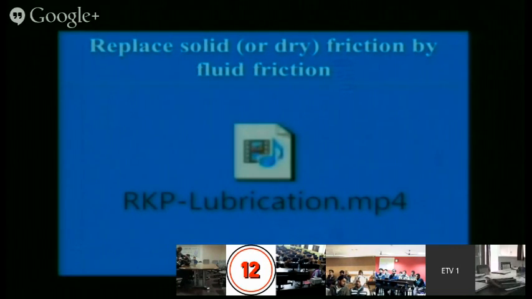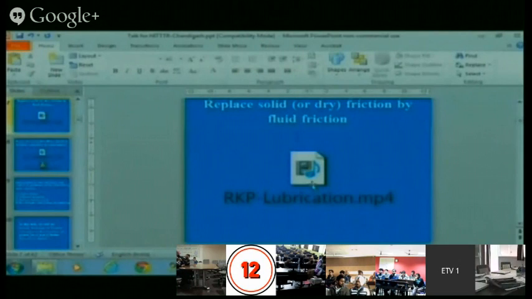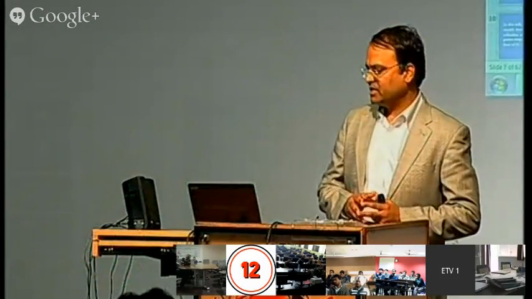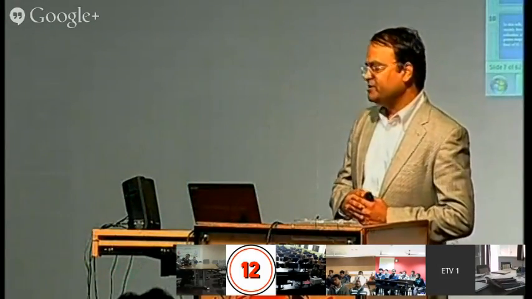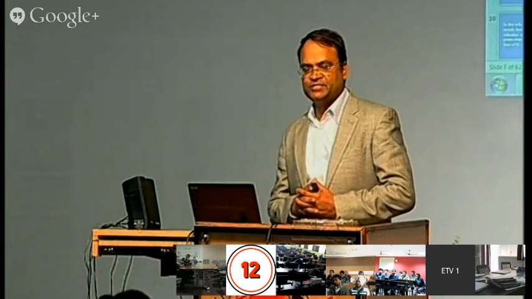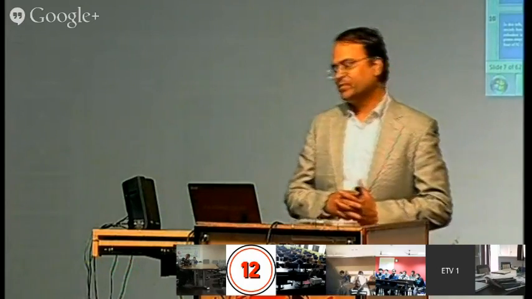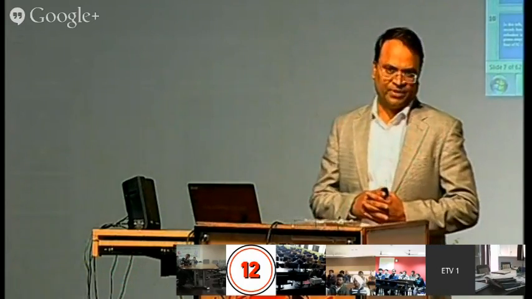So let us play one video in order to understand the phenomena at the interface. Here the piston ring surface is gliding over the cylinder liner. If gliding or sliding is taking place under dry contact, then it is not preferable. The reason is that friction will be very high and sealing may not be proper as well.